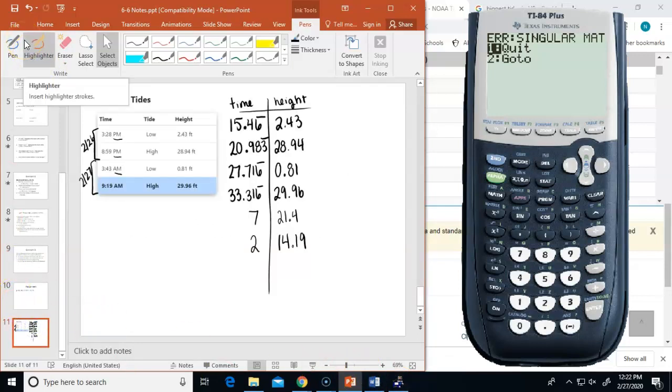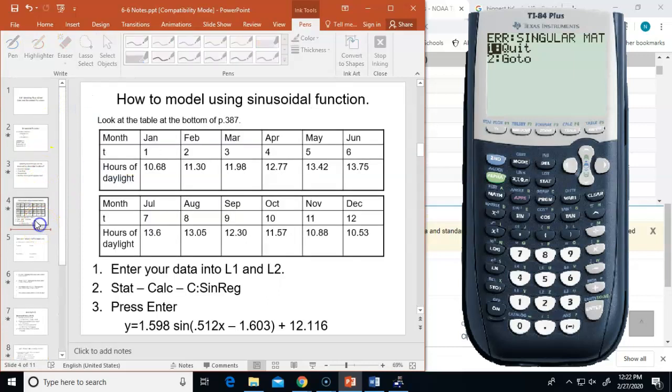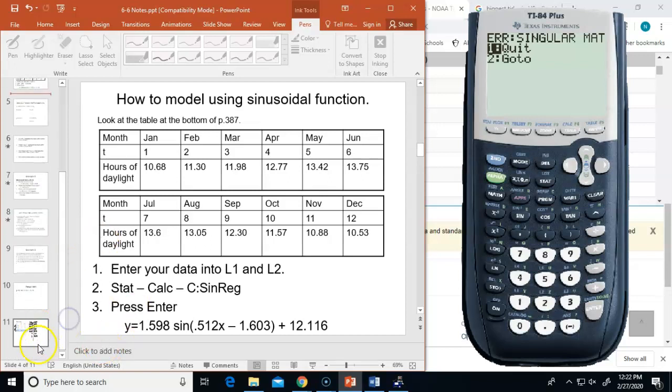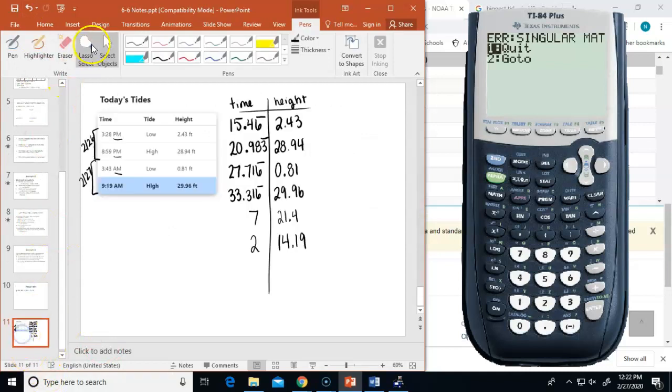Look at your textbook, and if you don't have one with you because yours might be at home, you can share with somebody. Look at your textbook at number 6 on page 391.